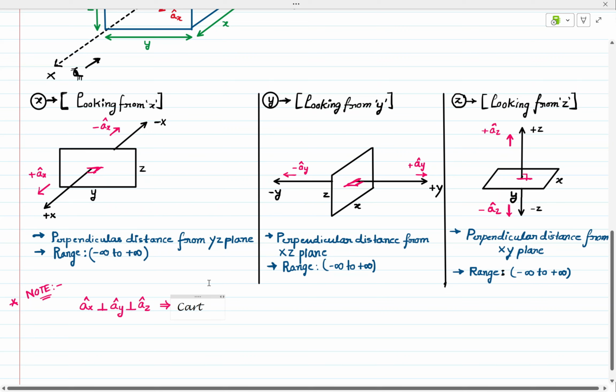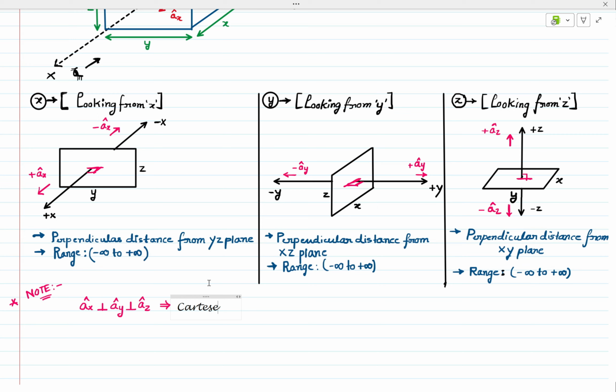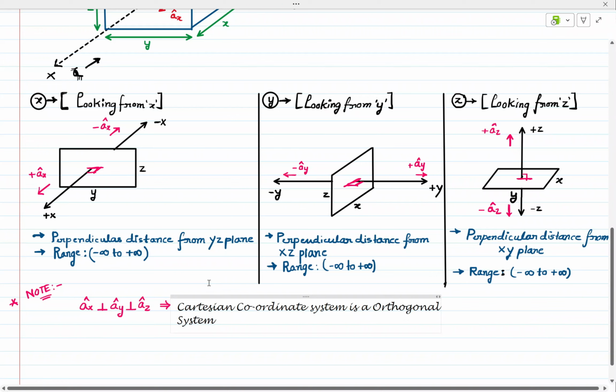Let me write it here: Cartesian coordinate system is an orthogonal system. Very important one.